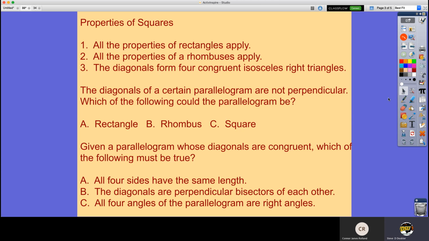So for that one right there in the middle, the diagonals of a certain parallelogram are not perpendicular. Which of the following could it be? Think about that as you're writing it there.